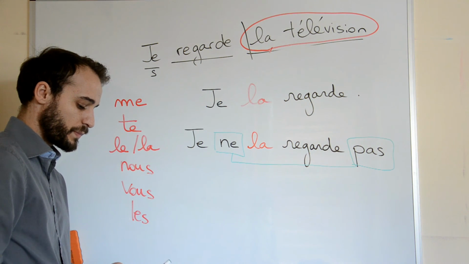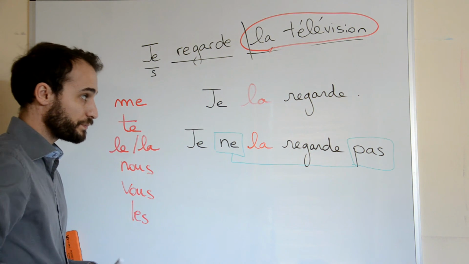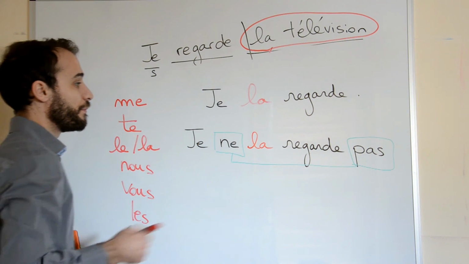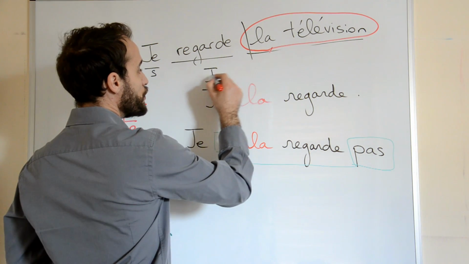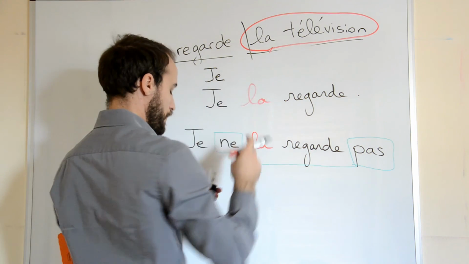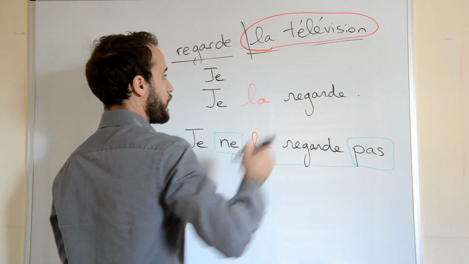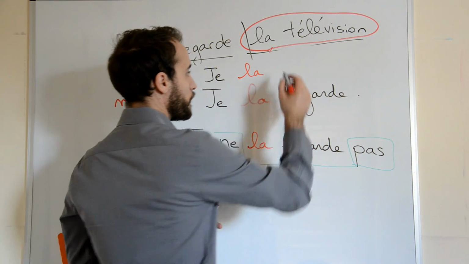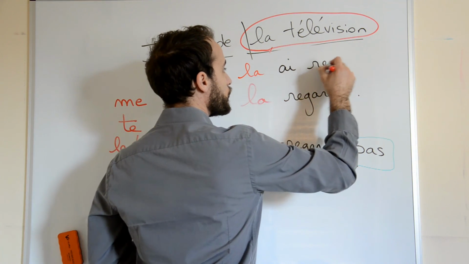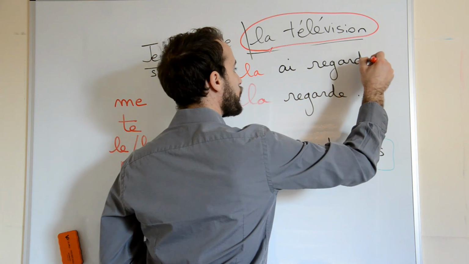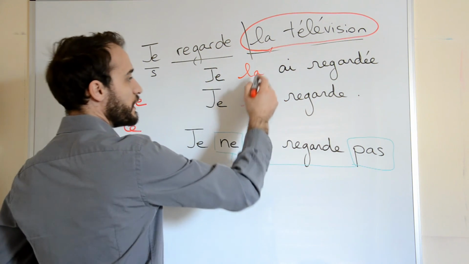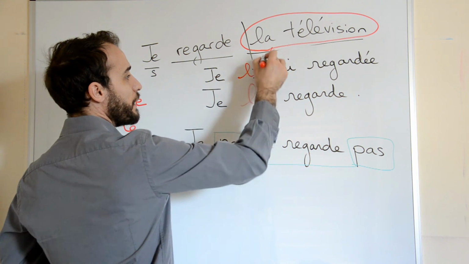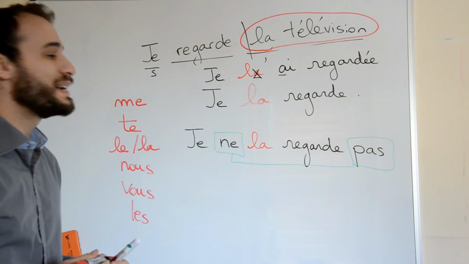Okay? If we had a passé composé, je la ai regardé, then you do have to remove, because you got a double vowel here, we remove that, and it becomes je l'ai regardé.